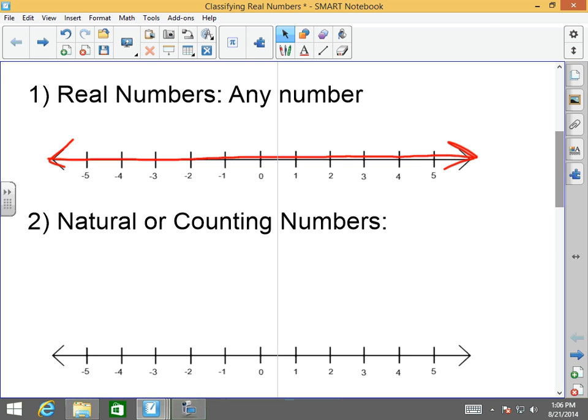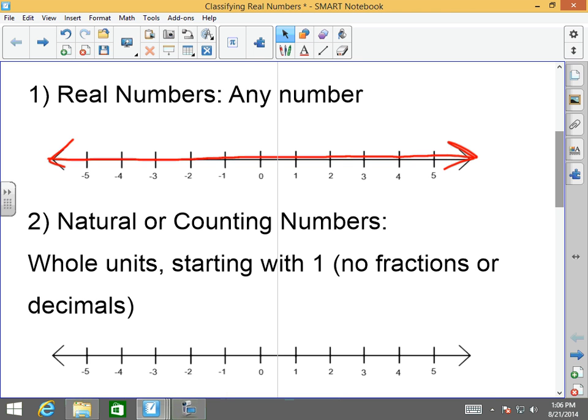Now, natural or counting numbers. Natural or counting numbers, my friends, are whole units starting with the number 1. There are no fractions and there are no decimals when you're talking about natural or counting numbers.